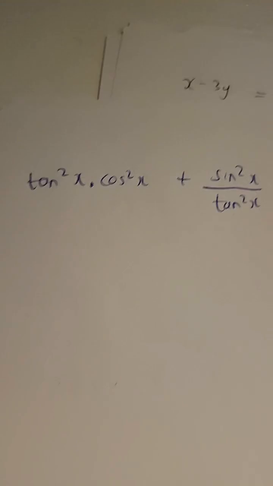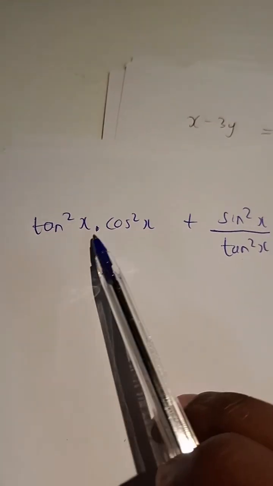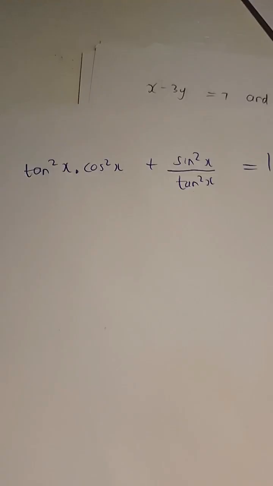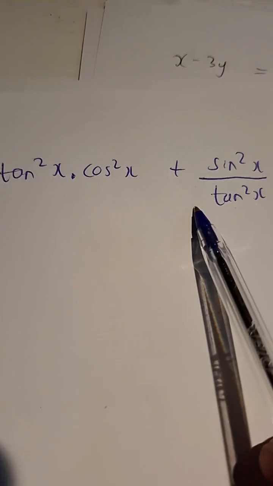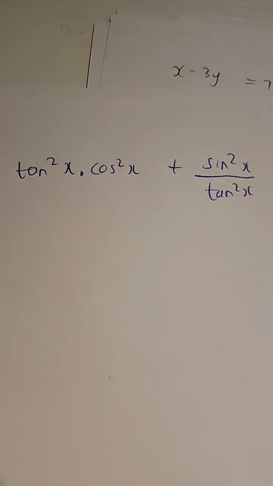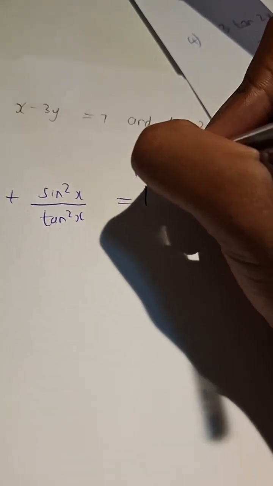Okay, so let's look at this one: tan squared x times cos squared x plus sin squared x over tan squared x. When I look at this problem, I can see this plus that. In my head, this is the left hand side, this is the right hand side. Take the complicated side, that's the first step we said.